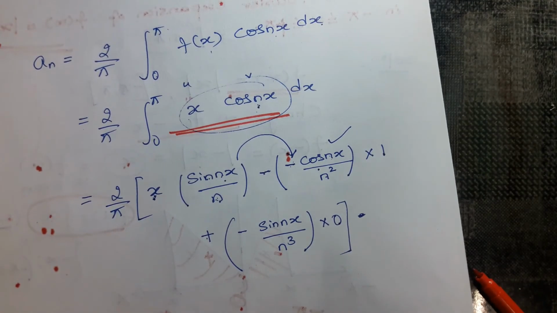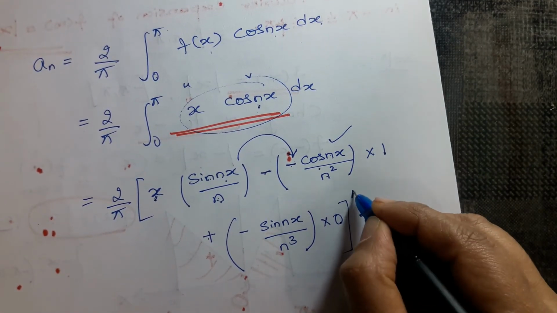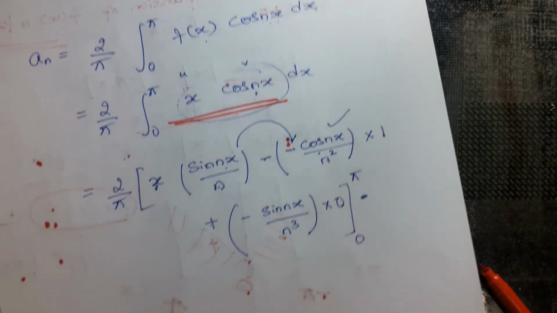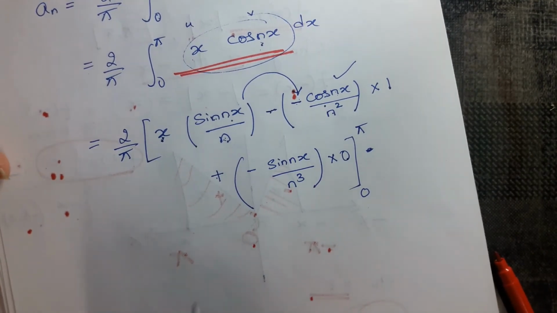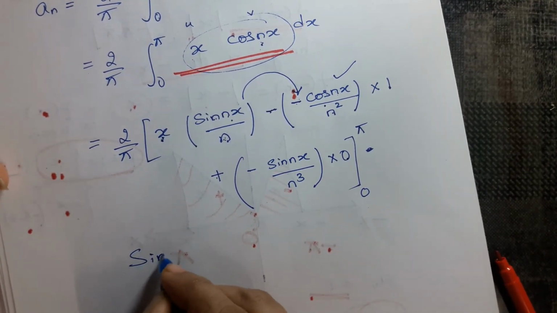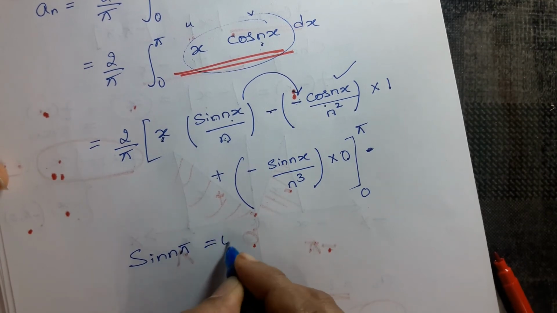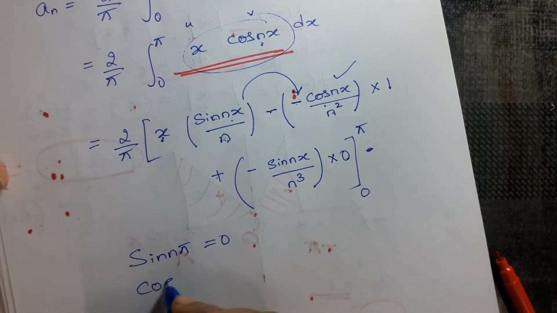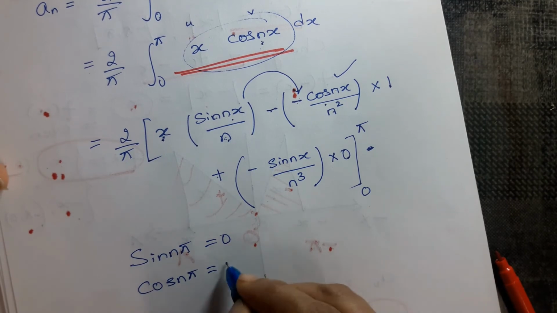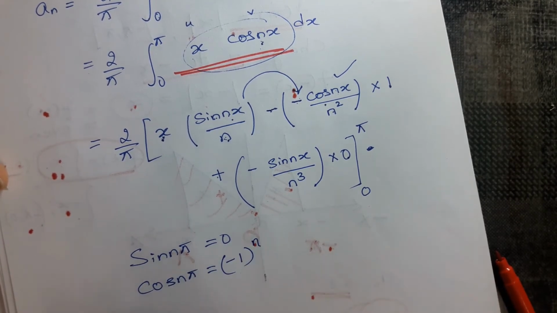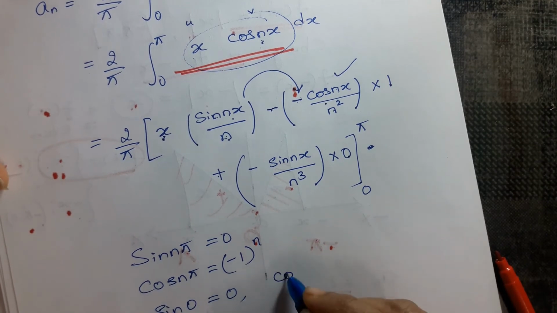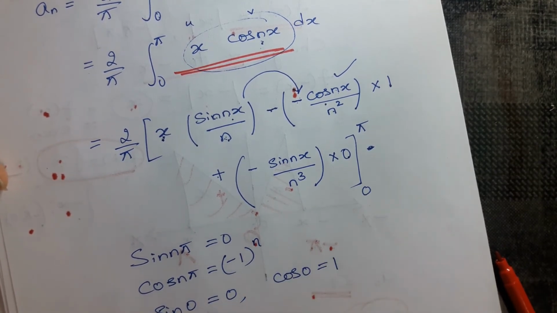So what is the limit? Limit is 0 to pi. Now we need to substitute the limit. Always remember, sin n pi value is 0. Cos n pi value is minus 1 to the power of n. Sin 0 is always 0. Cos 0 is equal to 1. Correct?